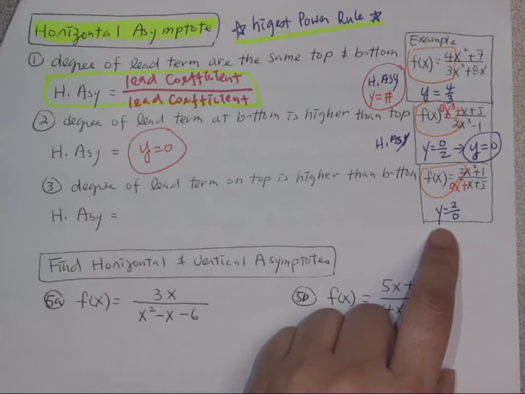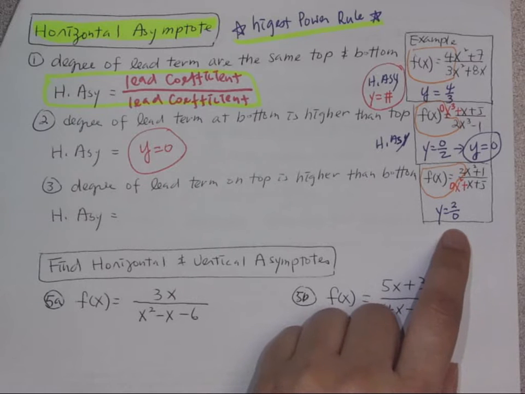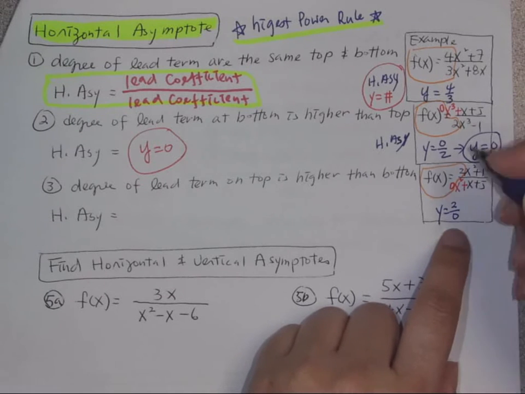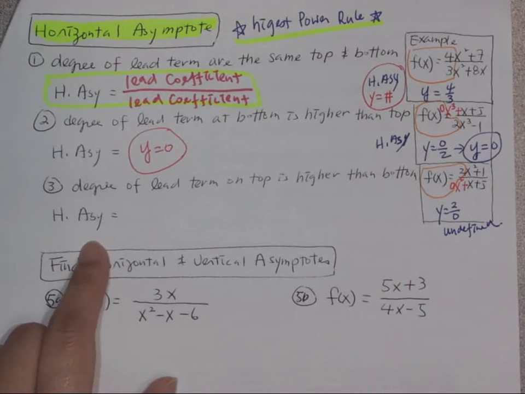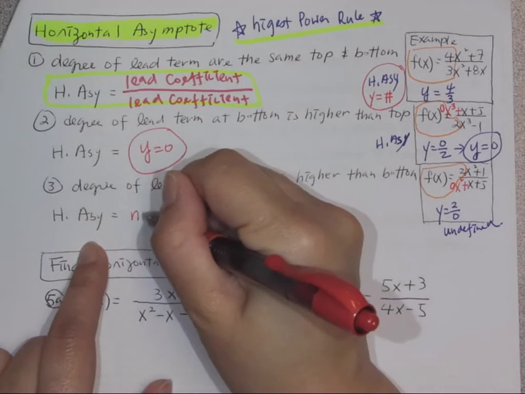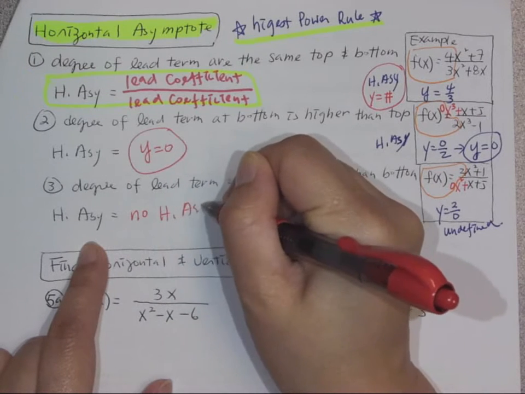If you have 2 cookies out of there's no cookies around, that's not possible, right? You cannot divide by 0. So this one will end up as undefined. So in general, if the top is higher than the bottom, then we have no horizontal asymptote.